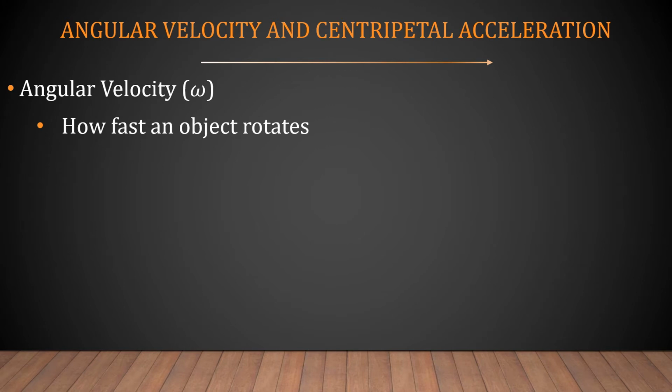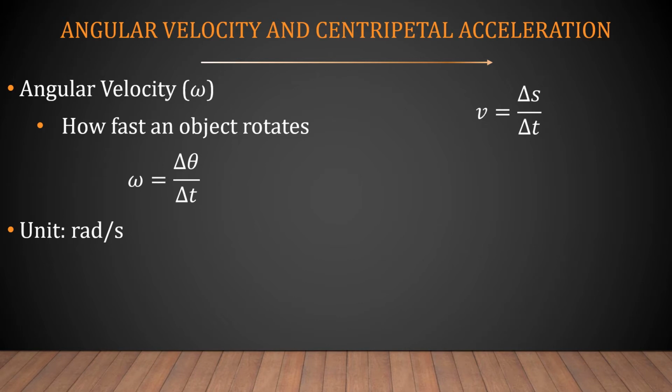Now, angular velocity. Angular velocity is how fast an object rotates. Mathematically, omega is equal to delta theta upon delta t, and its units are radians per second. When you compare it with linear velocity, v is equal to delta s upon delta t, distance upon time simply.